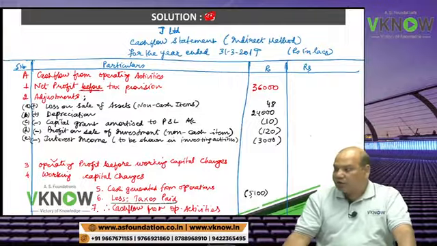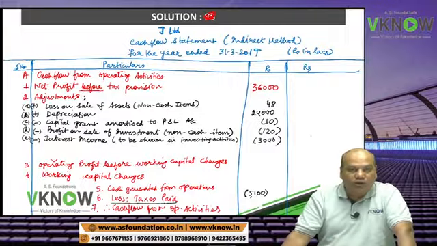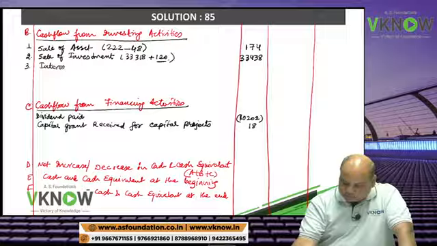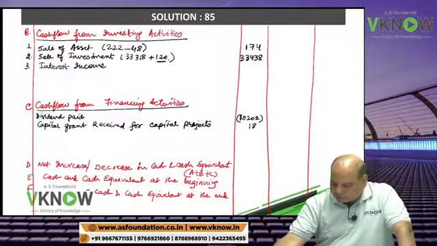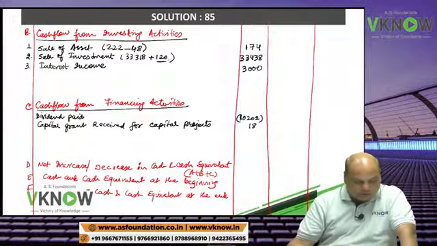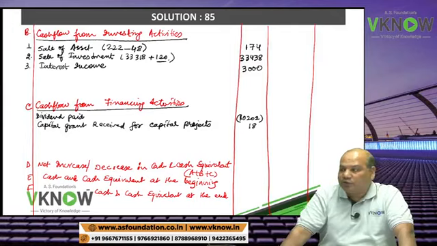And then you go to investment activity. Write down there interest income. Inflow 3000. Interest income 3000. Any query on this?